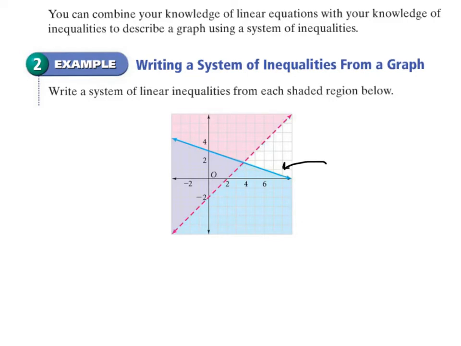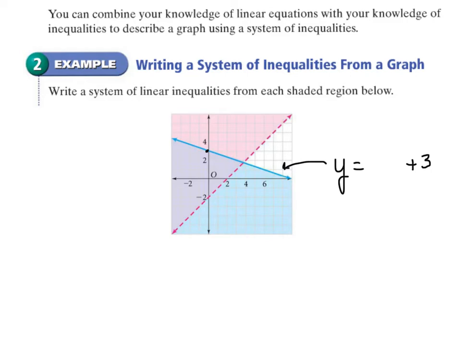All right, so the blue line, I'm just looking at it and I'm going to write it as an equal sign first. That's what I always do. So I'm looking at that and I see, okay, it crosses, oh, it looks like at 3. So that means my y-intercept is plus 3.